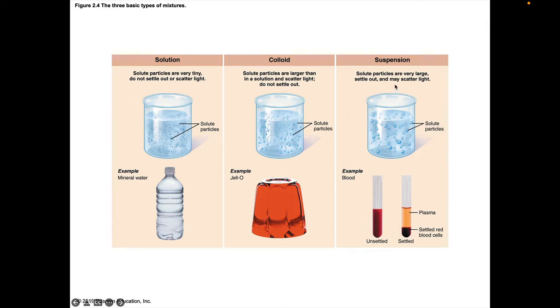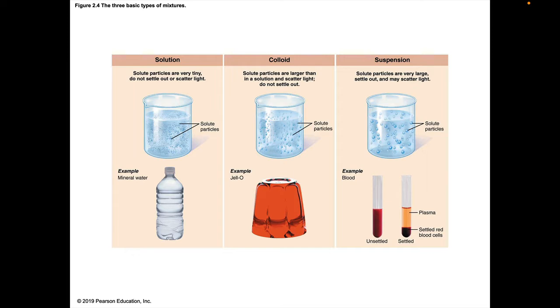And then a suspension is our third type of mixture. I like to think of this as maybe the mixtures you went out as a kid and made in a pot, like the mud soups that you made, where you just took water and leaves and rocks and a bunch of other stuff and mixed it all up.